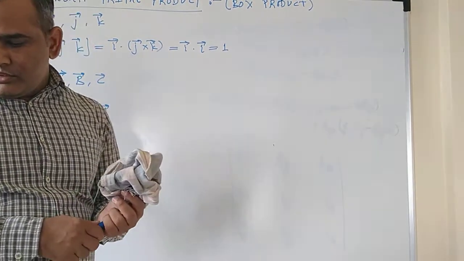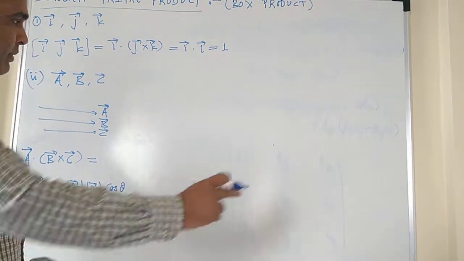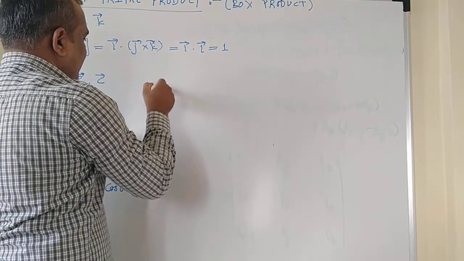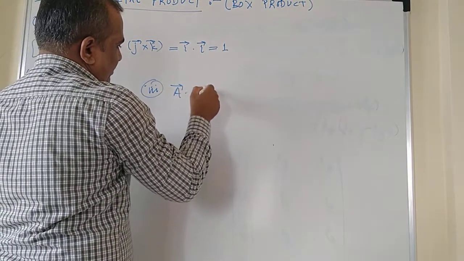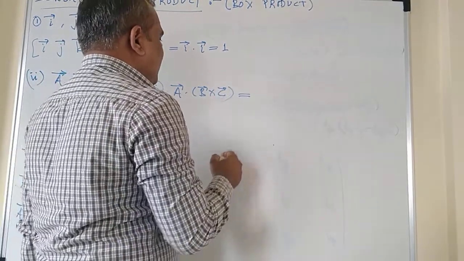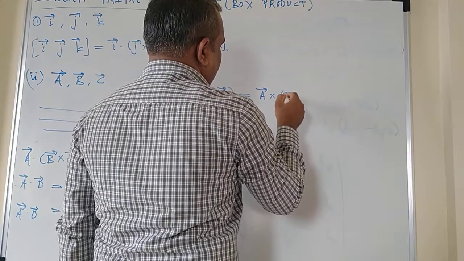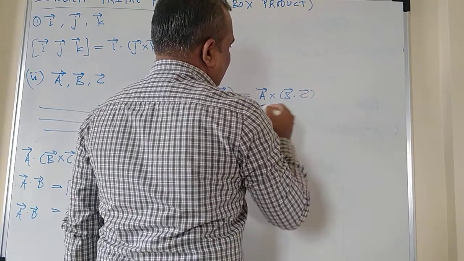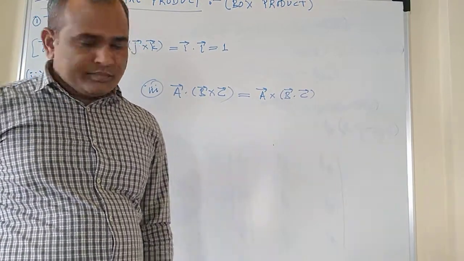Dot and cross in the scalar triple product can be interchanged. That means I can say a bar dot b bar cross c bar can be written as a bar cross b bar dot c bar. Isn't it? So I can write it in this way also.